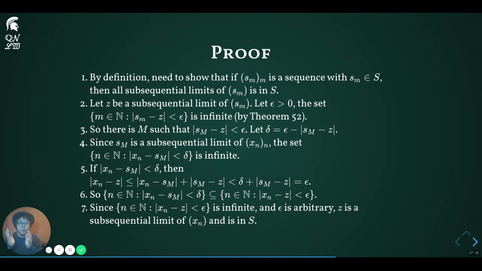And by theorem 52 again, we conclude that z is a subsequential limit of x, which is what we set out to prove. Okay, I see the idea behind this theorem is not too difficult. And I hope you are also able to follow along the technical write-up on this page. Now take a deep breath and we move on to the third theorem for this lecture.